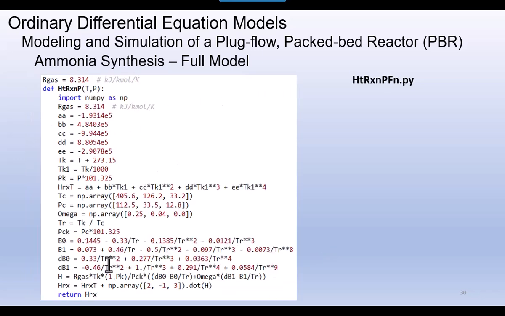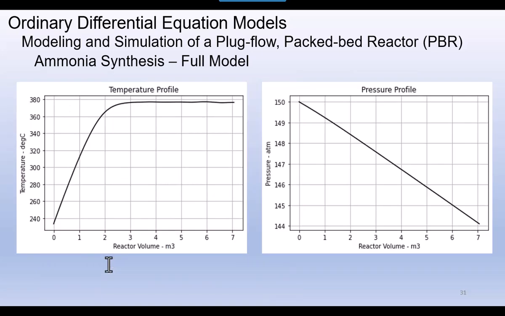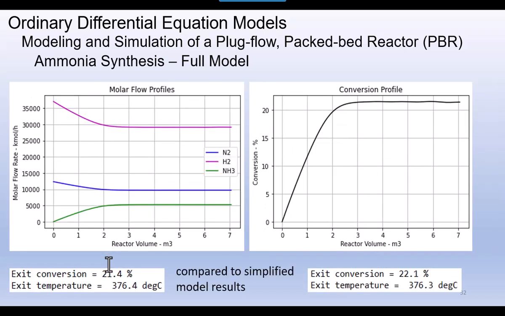And then this is the heat of reaction, including the effect of pressure on enthalpy. And then here are our temperature and pressure profiles, which we already discussed. Here are the molar flow profiles and the conversion profile.